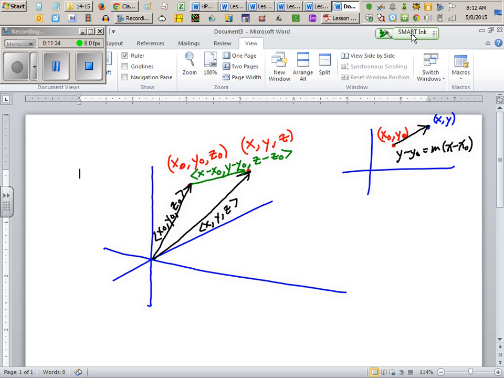And the little red point at the head arrow, end of that vector, will be a new point on the line. So if we make this really long, we get a point over here on the line. If we make it really short, we get a point over here on the line. If we make it go backwards, we get points on this side of the line. Okay, so the green is effectively our line.